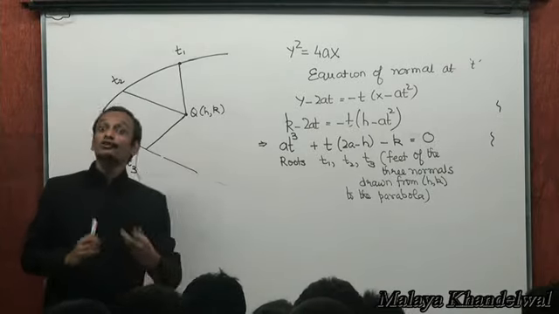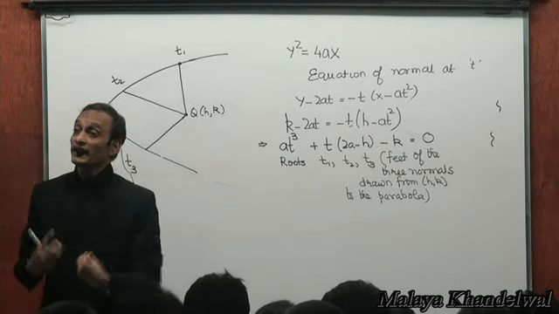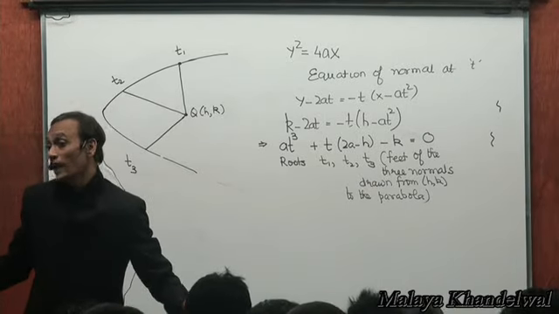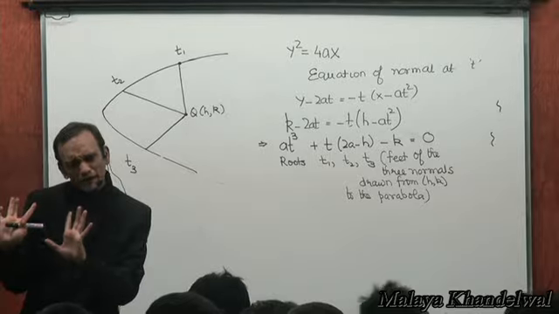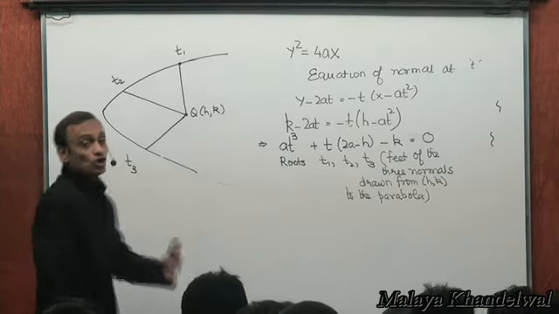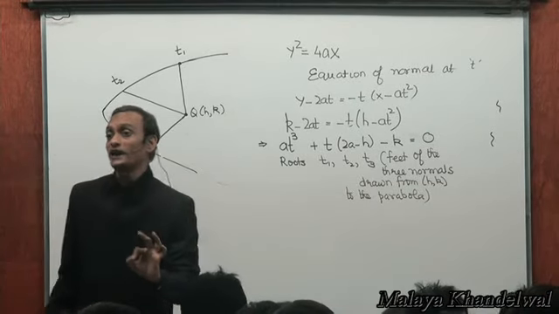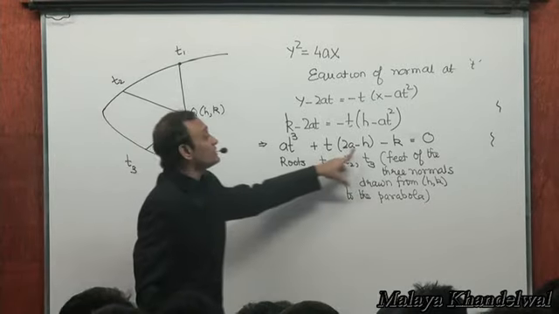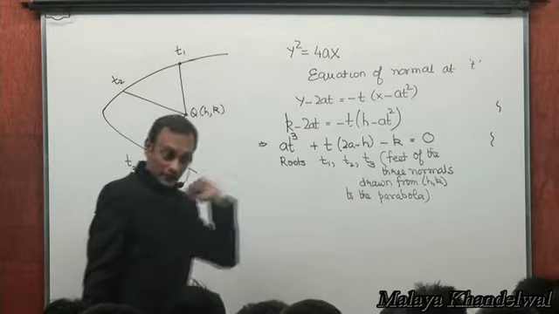That means in general 3 normals could be drawn from any point to the parabola. It's not like all the 3 normals would have to be real, right? We'll come to that discussion later on, but in a general sense 3 normals could be drawn from a point HK to a parabola. Clear? Where T1, T2, T3 would be the roots of this cubic in T. Clear?